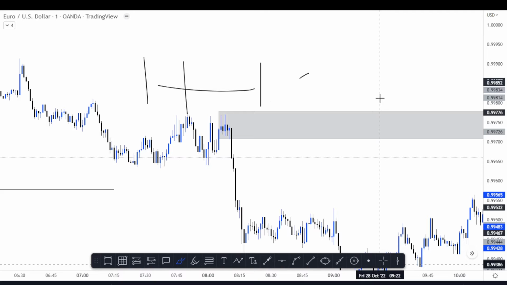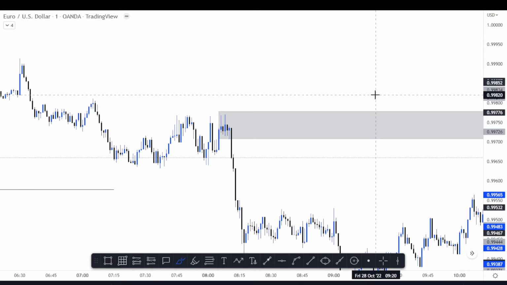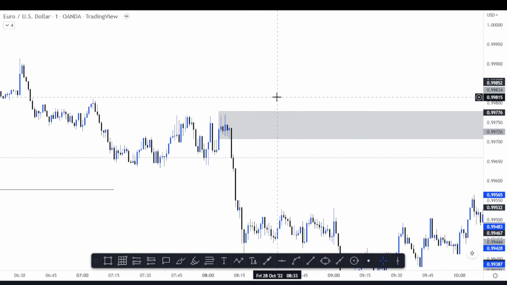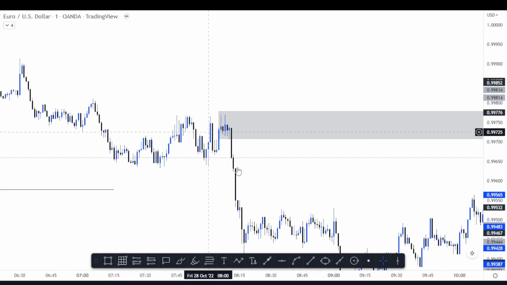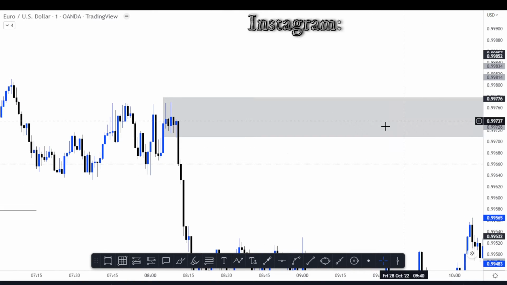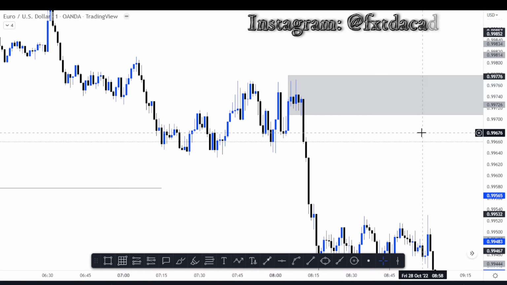So you have to have all of this in mind. You cannot just use this as a standalone strategy. That's why it's called smart money concepts, or ICT concepts, or supply and demand concept, or Wyckoff concept, whatever you want to call it, right?